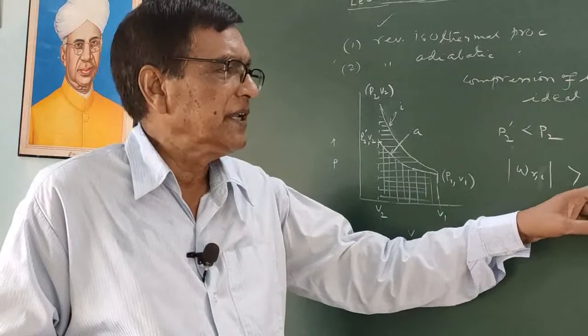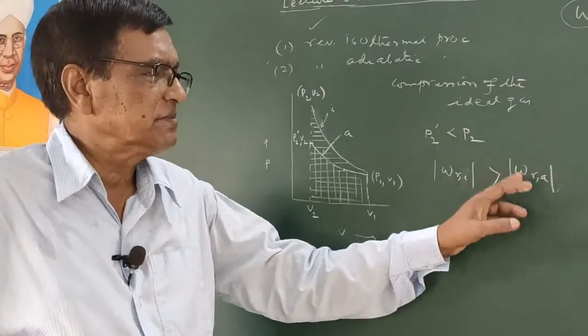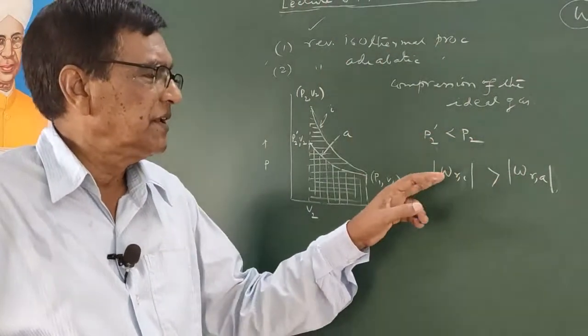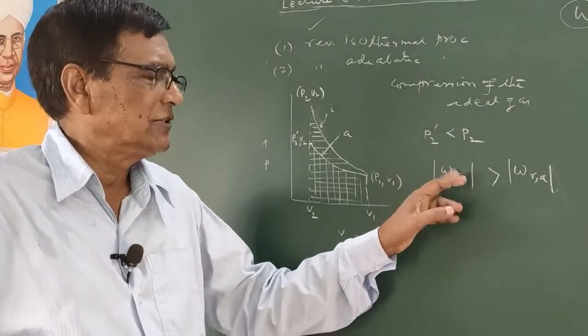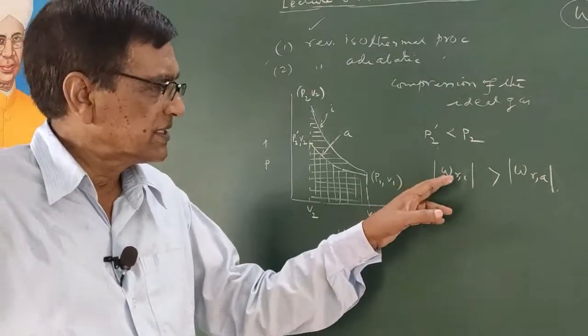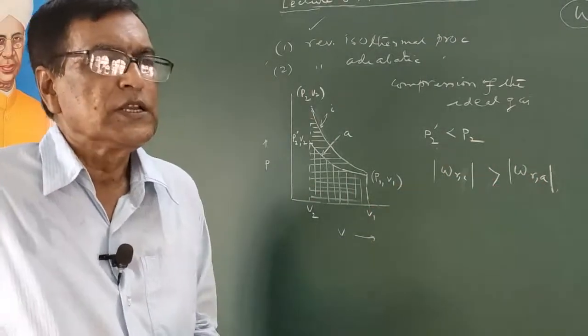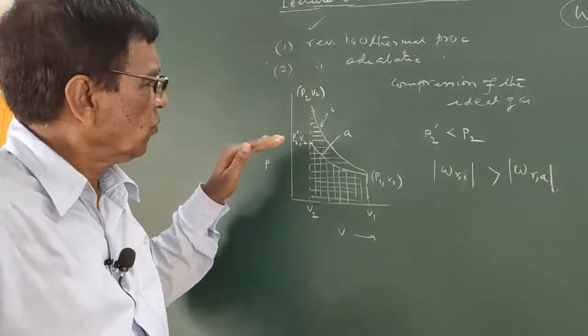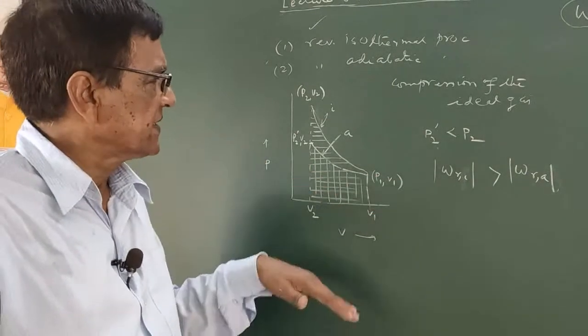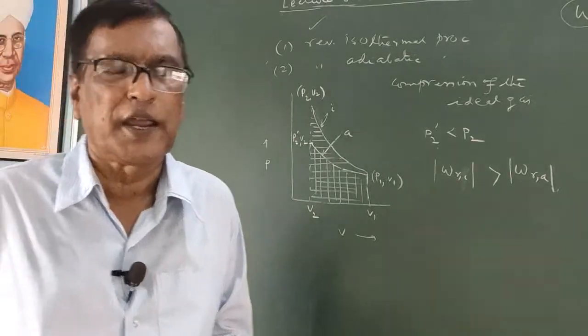So the adiabatic work done in a reversible process must be less than the work done in a reversible isothermal process. This one is greater, this one is less. So the comparison could be shown very easily by means of this indicator diagram.